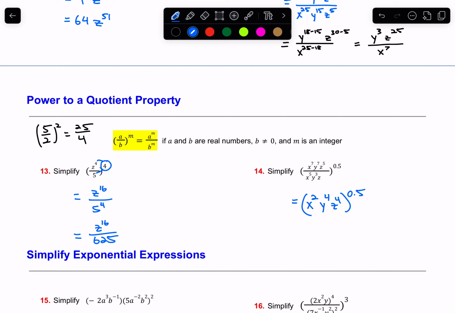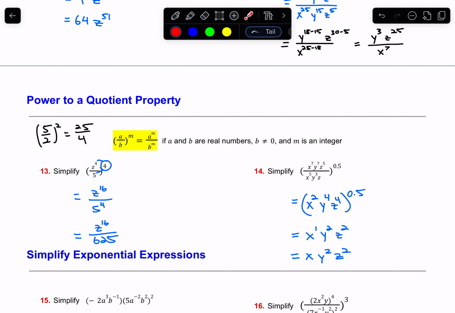So now if we distribute this 0.5 to all three things inside, x squared, if we multiply the 2 times 0.5, we just get 1. Y to the 4, 4 times 0.5 is 2. And again, z to the 4, 4 times 0.5 is 2. So this all simplifies to just be x, y squared, z squared.